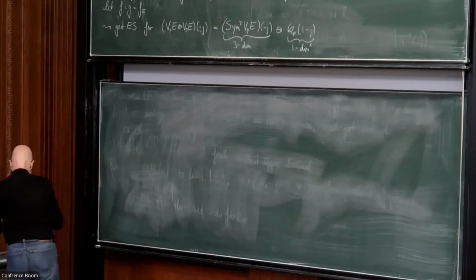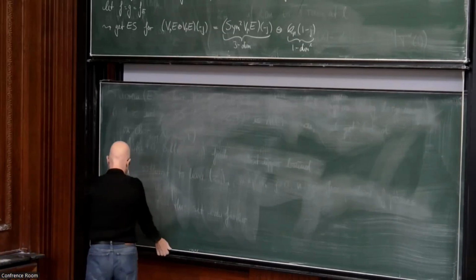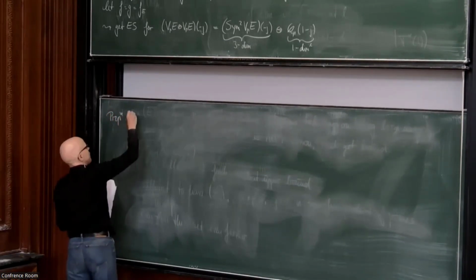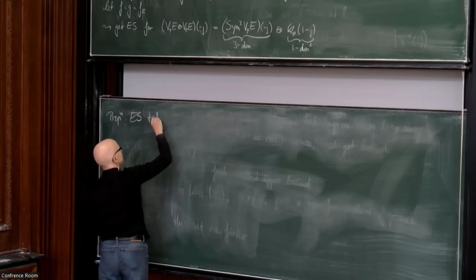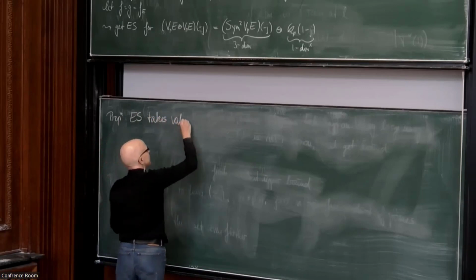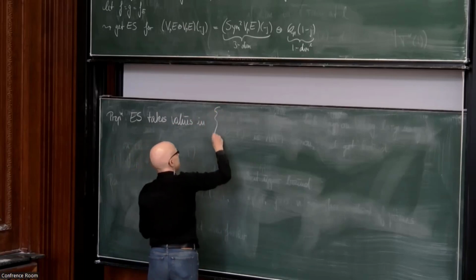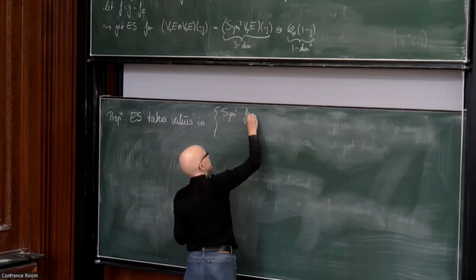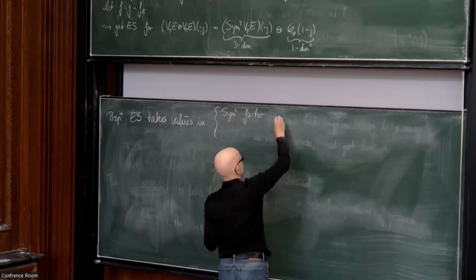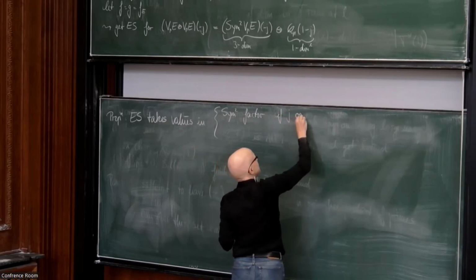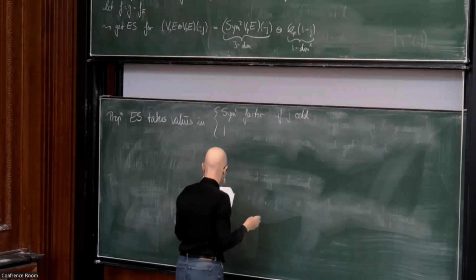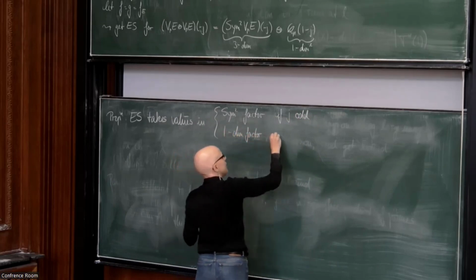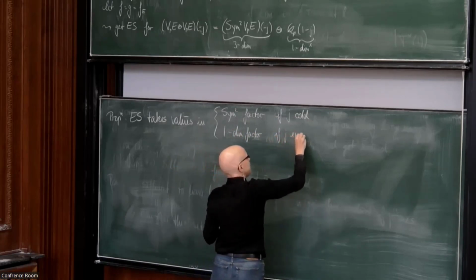Right, so the result is very pretty. Proposition: the Euler system takes values in the Sym squared factor if j is odd, and in the 1-dimensional factor if j is even.